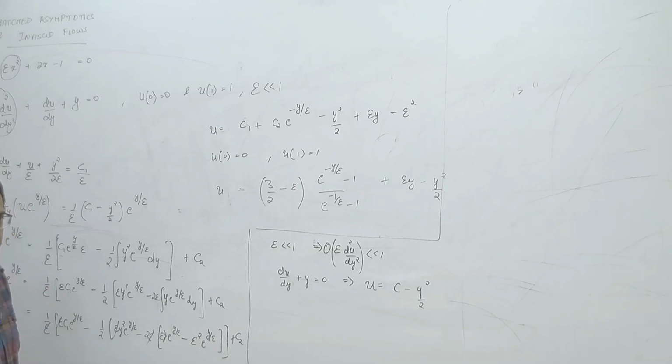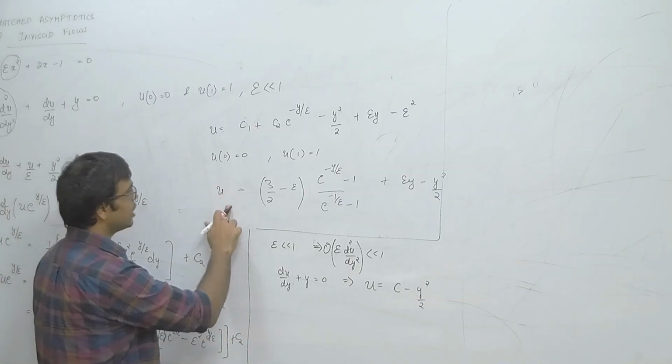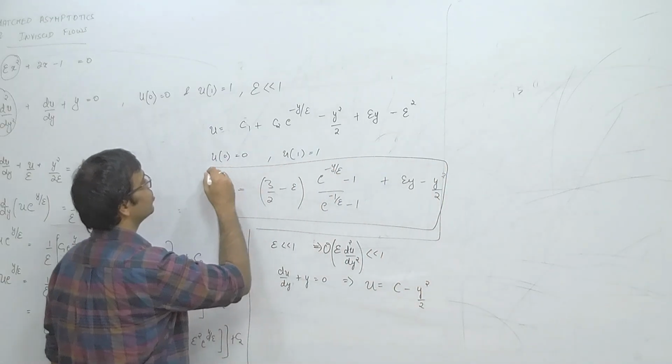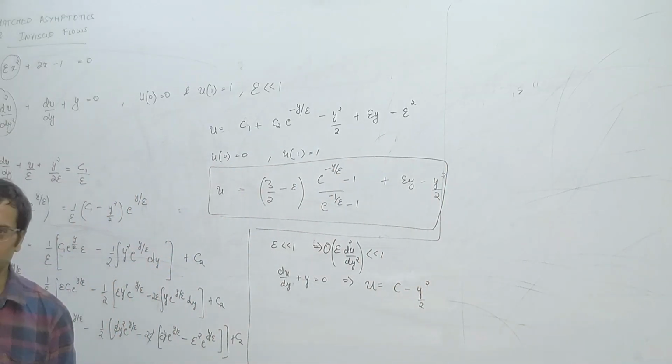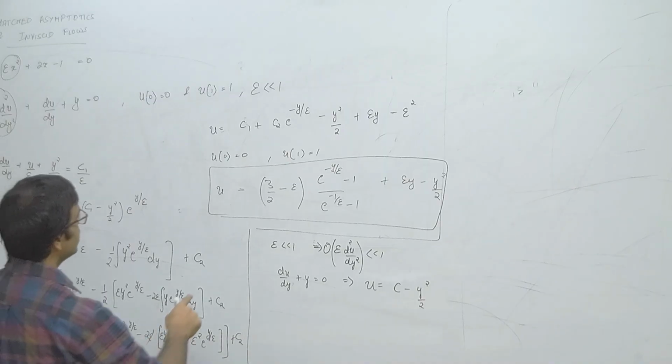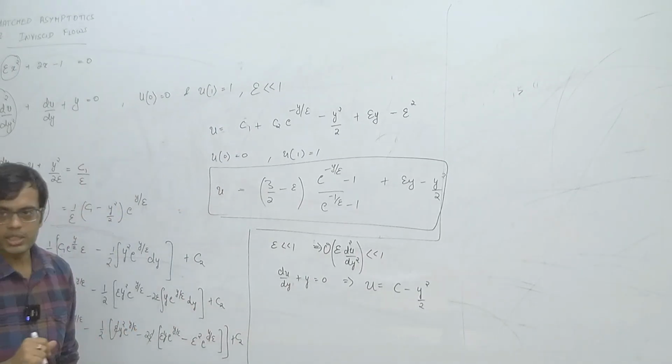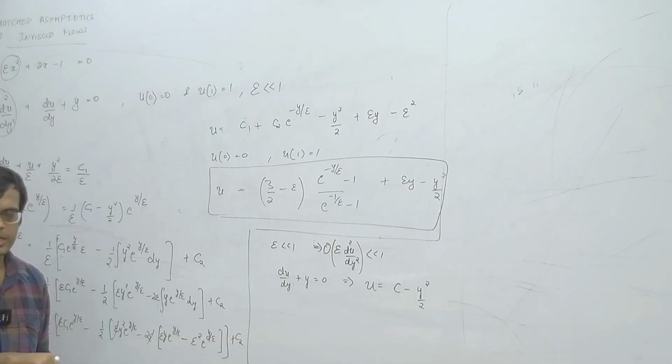One way in which you can reason it out is, since in this particular problem you know the full analytical solution, you can evaluate the limits of this function close to y tends to 0 and close to y tends to 1.